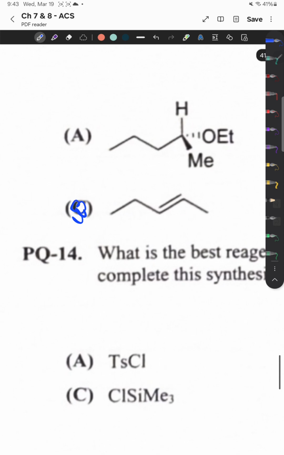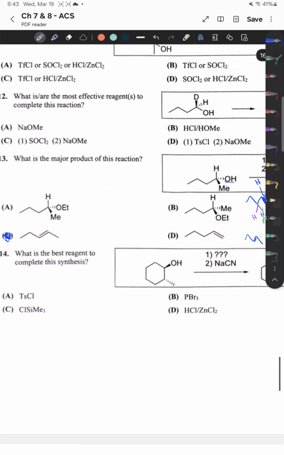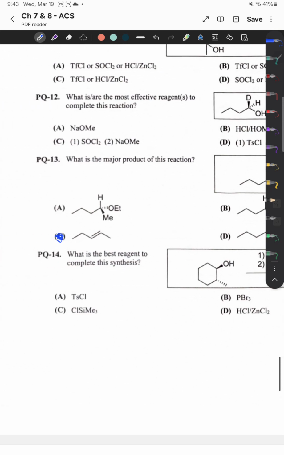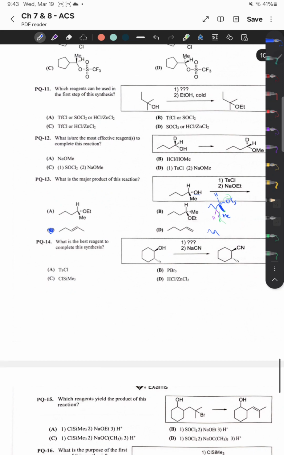The reason why it's not E is because the whole point of us adding in the toluene sulfonyl chloride is to make OH a good leaving group, because OHs are bad leaving groups. They're kind of strong nucleophiles, strong bases.